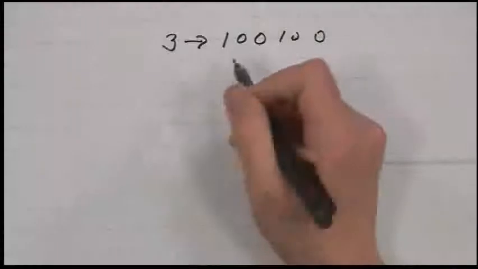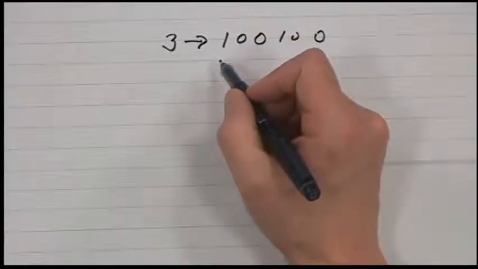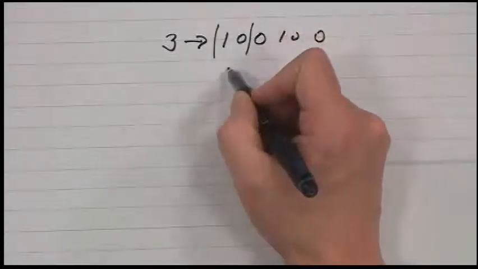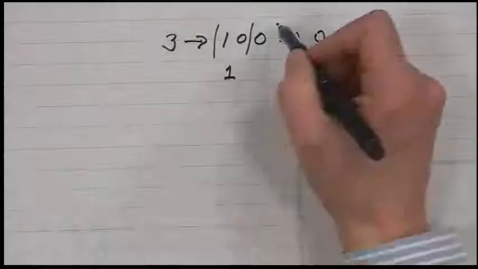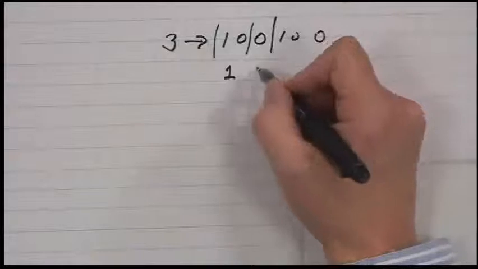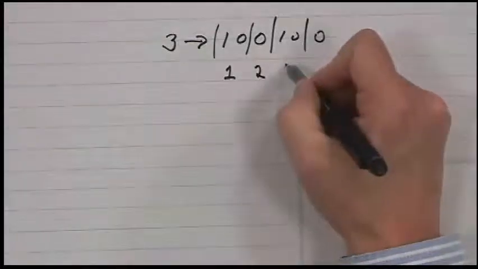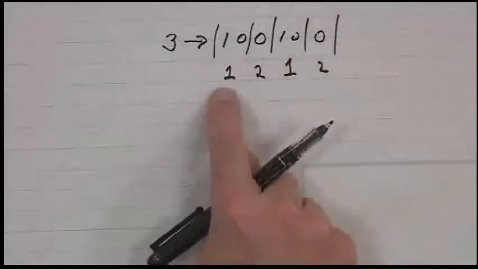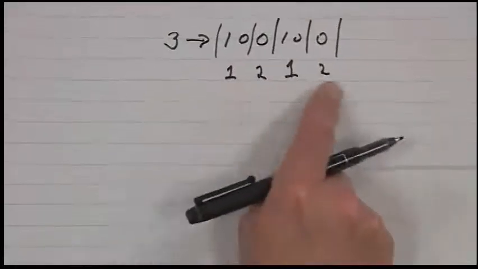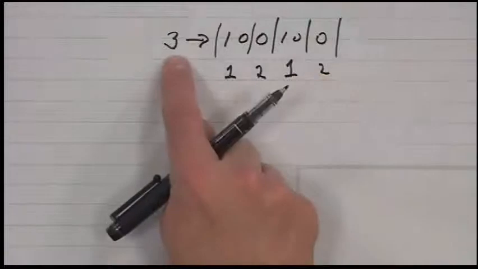But who's to say I didn't really mean that this was a 1, and then this could be a 2, and then a 1 again, and then a 2. So the symbol sequence 1, 2, 1, 2 would have the same encoding as the symbol sequence 3.